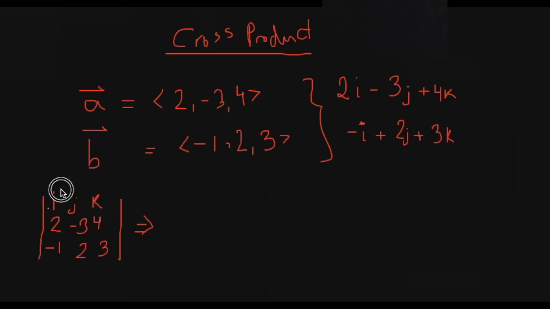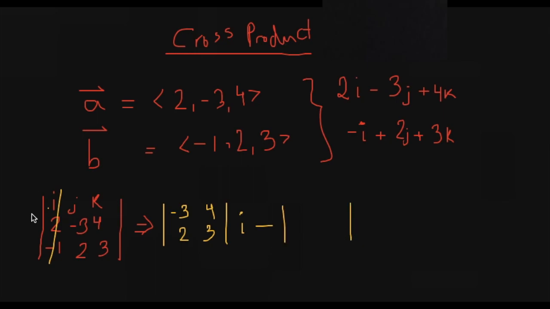So the first step is to cross off the i row, and we're going to rewrite the j and k rows, but you can drop the letters. And we put an i next to this. Next, we put a subtraction sign, and this should always be subtraction.